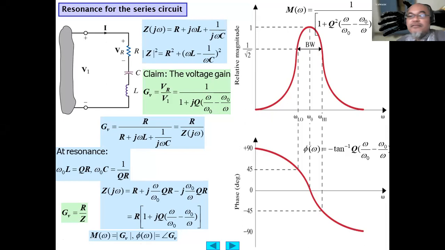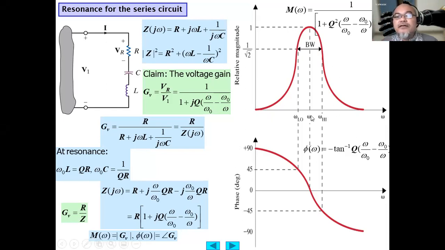So from the previous session, we have learned that at resonance, when we measure the voltage gain at the resistor, at the load, and compare the ratio with the voltage source, what we have is like this.